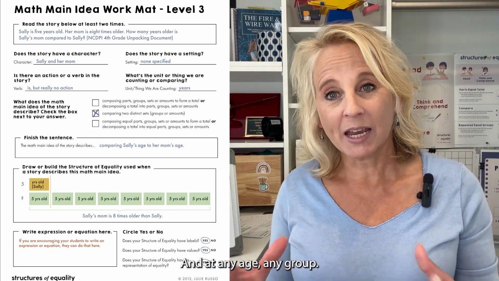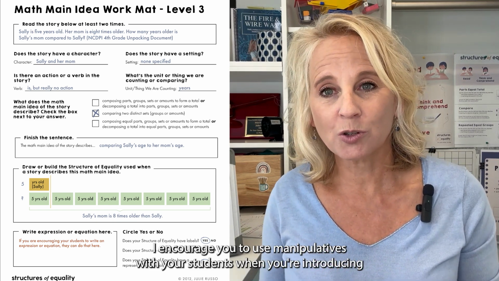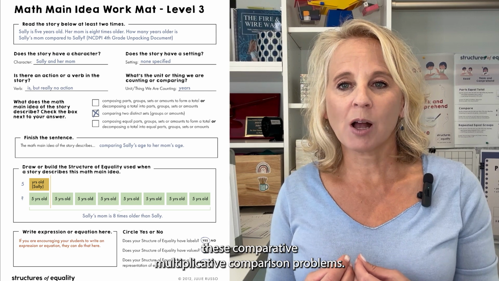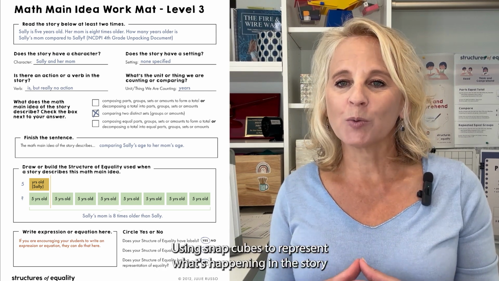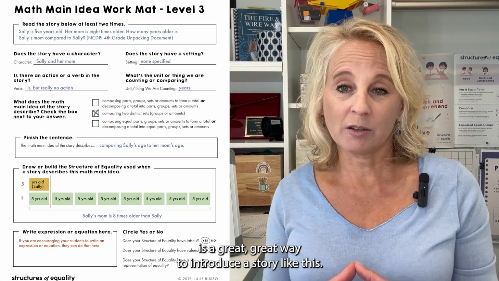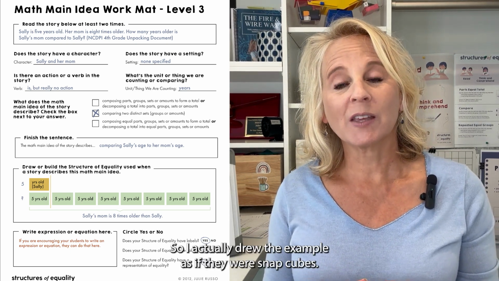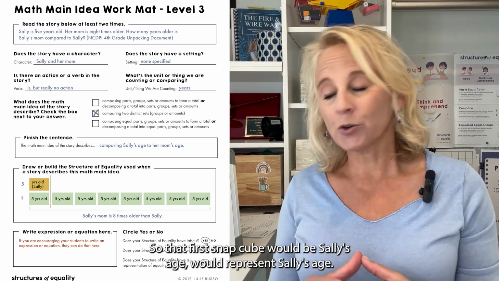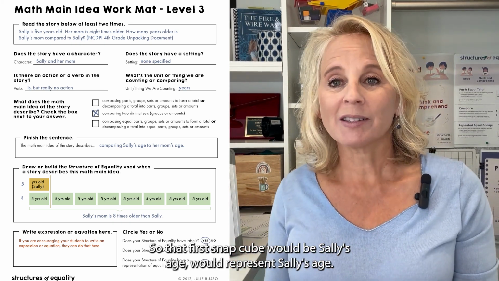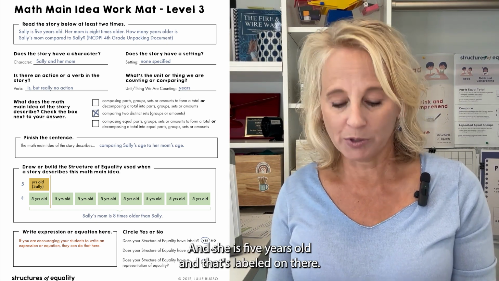And at any age, any group, I encourage you to use manipulatives with your students. When you're introducing these comparative, multiplicative comparison problems, using snap cubes to represent what's happening in the story is a great way to introduce a story like this. So I actually drew the example as if they were snap cubes. So that first snap cube would represent Sally's age, and she is 5 years old, and that's labeled on there.